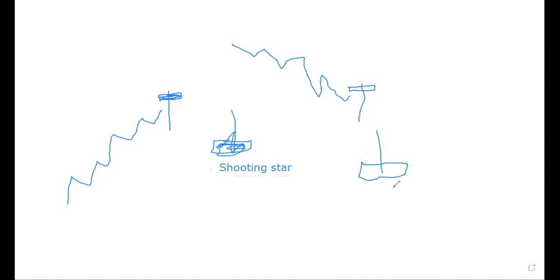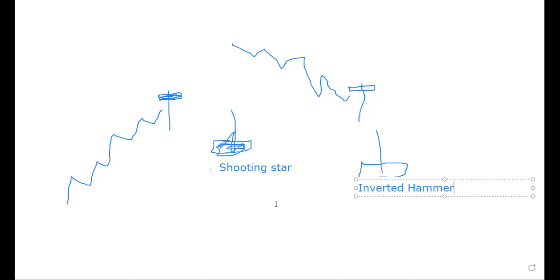But when it is bullish, we call it an inverted hammer. So this is the shooting star and this is the inverted hammer.